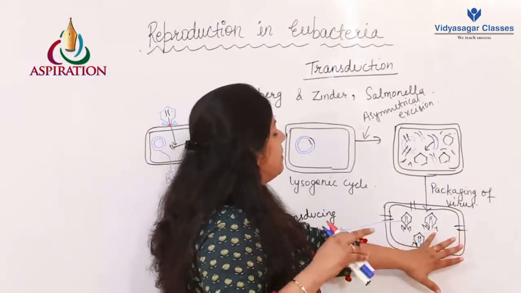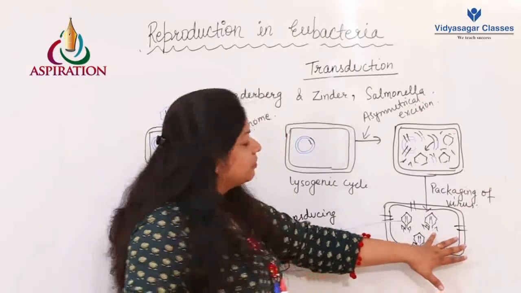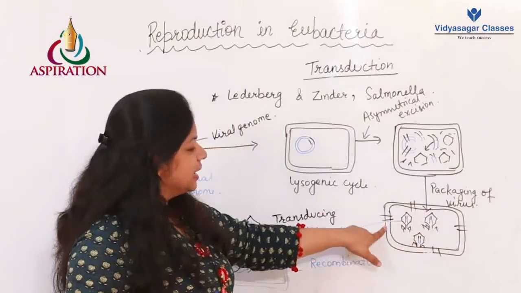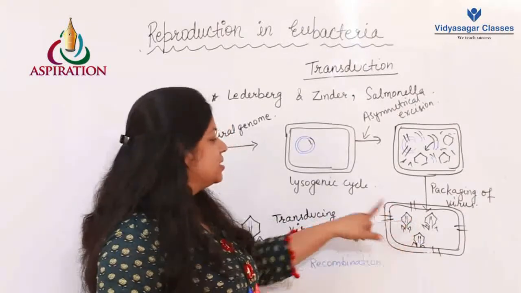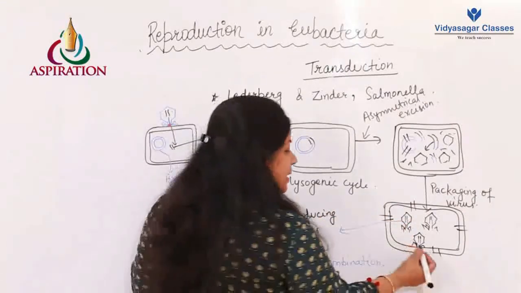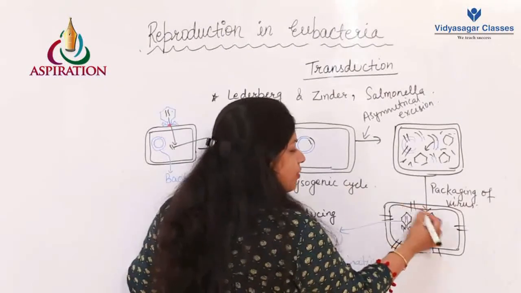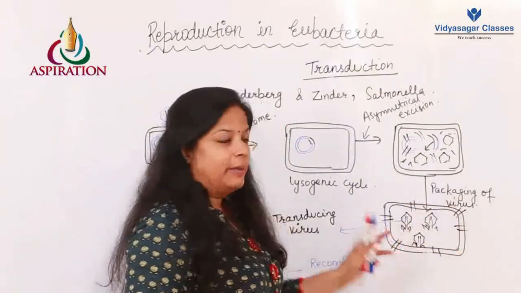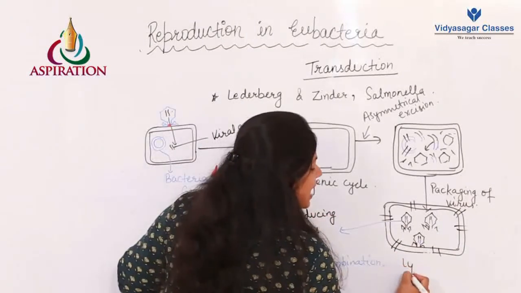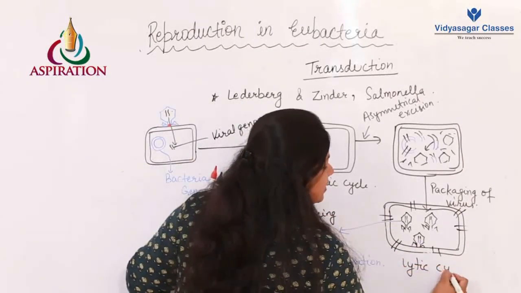Once this packaging is done, it degrades the cell wall of the bacteria and releases these viruses. Here there is lysis of the bacteria. It is known as the lytic cycle.